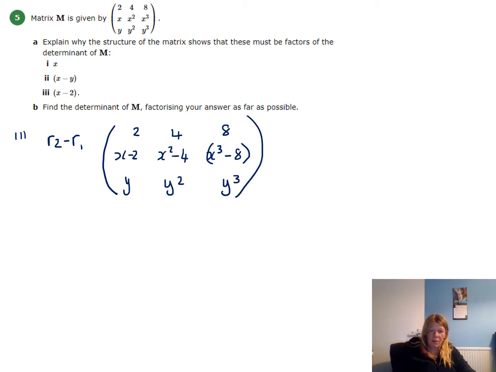Now, bearing in mind what we've just done, like difference of two squares, that's actually 2 squared, and that's the difference of two cubes with 2 cubed, yeah? So that's the same as, in the middle row first, because that's the beast, x take 2, that's the first term. This one would be x take 2, x plus 2. This next one would be x take 2, using the same format as before, x squared plus 2ax.